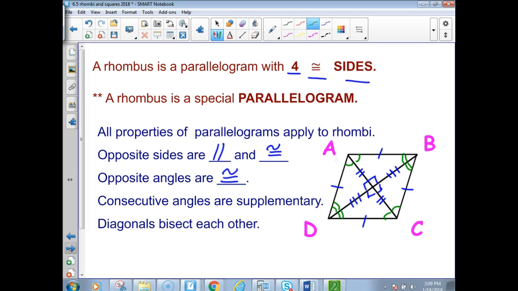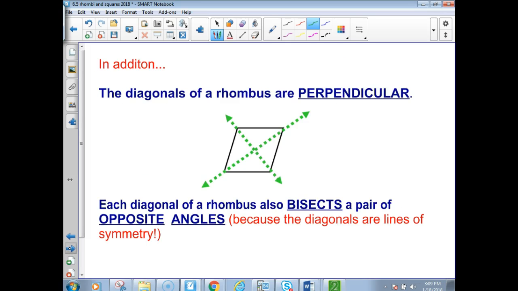I said that kind of goofy. I believe you still have that to fill in that the diagonals of a rhombus also, wait, no, they bisect a pair of opposite angles. Bisect a pair of opposite angles you have to fill in.